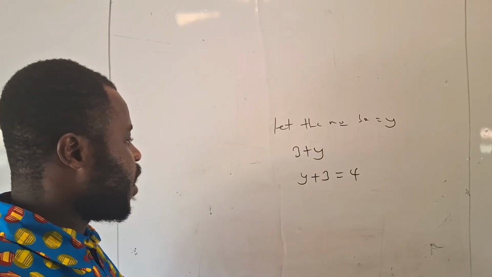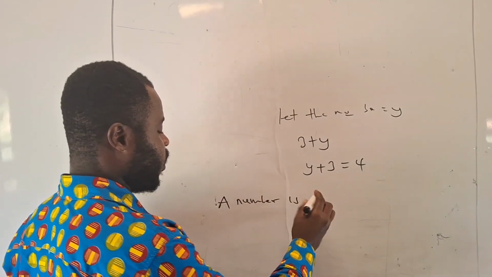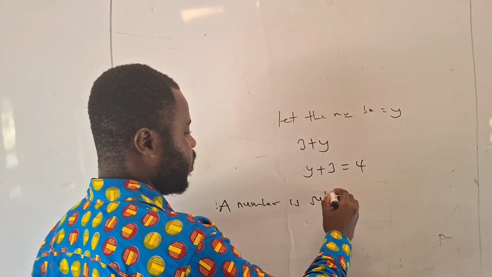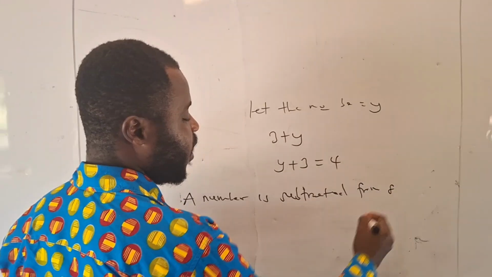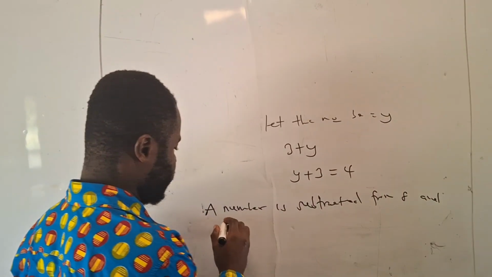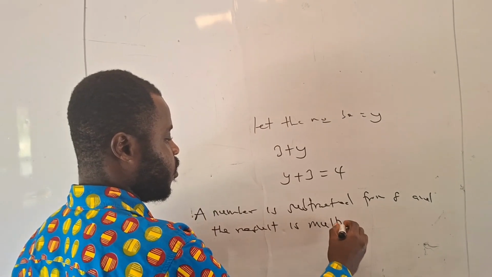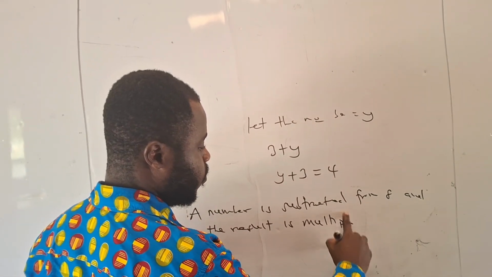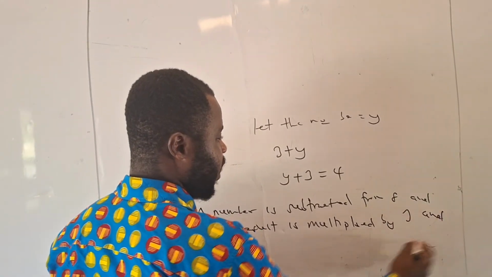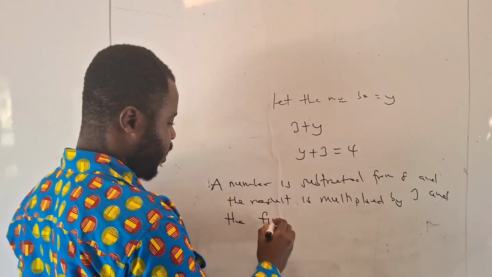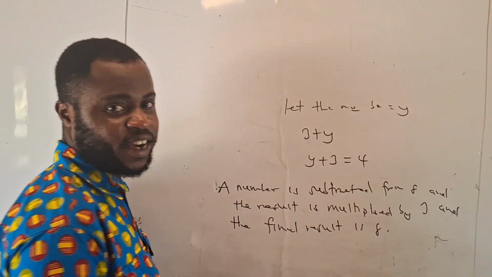So let's say a number is subtracted from 8, and the result is multiplied by 3, and the final result is 8. Find the number.